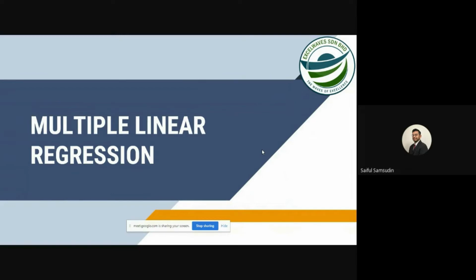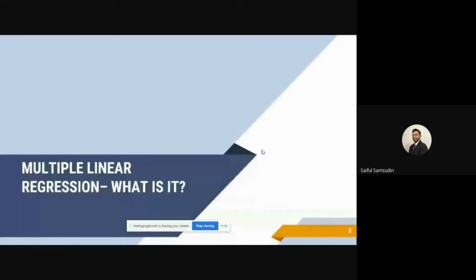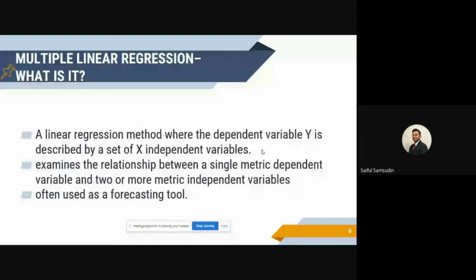So we will learn about regression first today. What is multiple linear regression? We know that the regression method has a dependent variable described by a set of x independent variables.